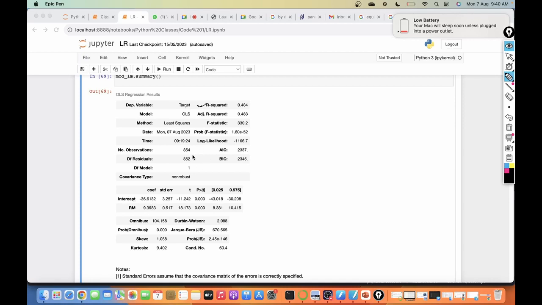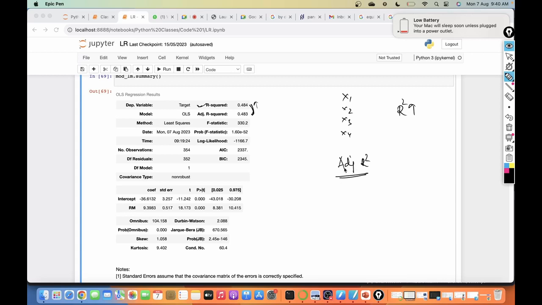So this is 0.484, and if you increase more and more variables, r square will always increase. If I add one more, you will see the r square is increased. We'll see that. Now what is adjusted r square? Adjusted r square and r square should always be very close enough, the gaps should be very minimal or equal.